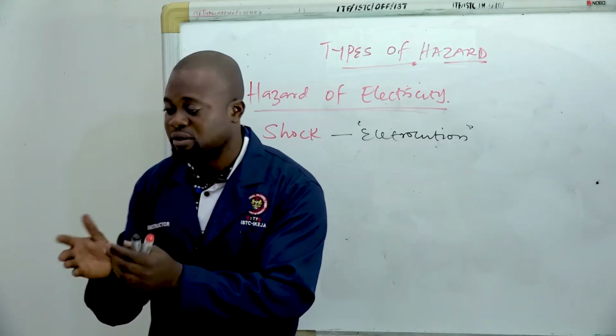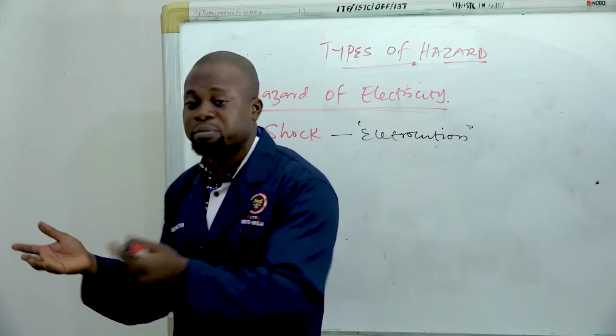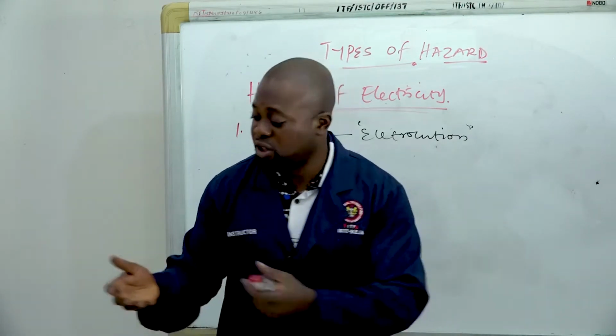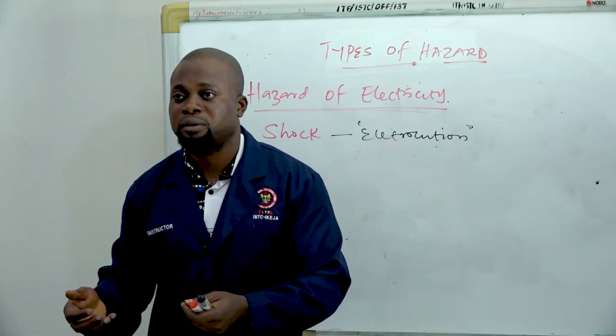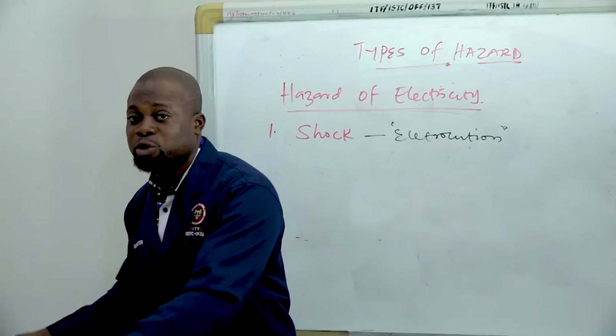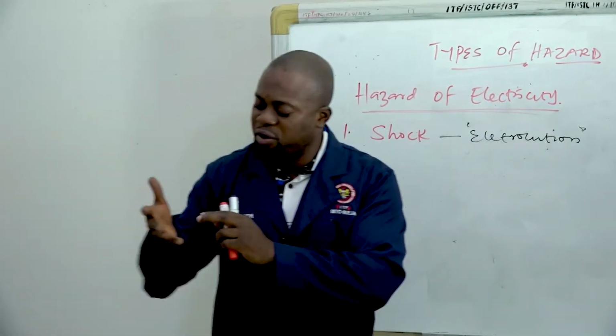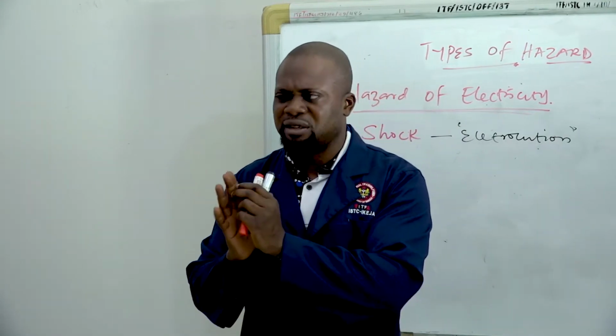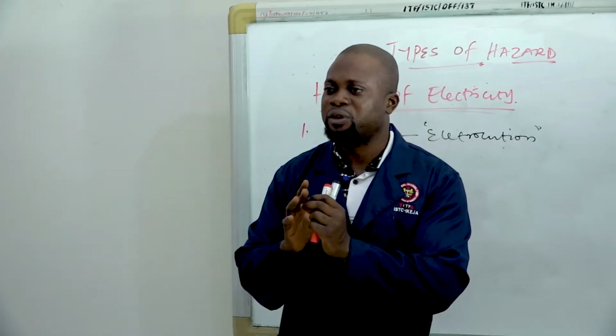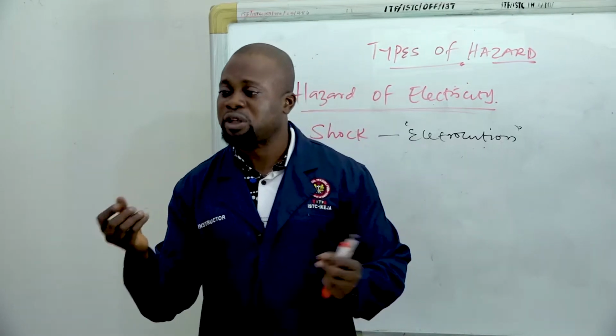Take, for instance, pulling a pot from fire with your bare hand. Before you know it, you start feeling that part to have no blood flow. That is how the effect of shock is in the body.